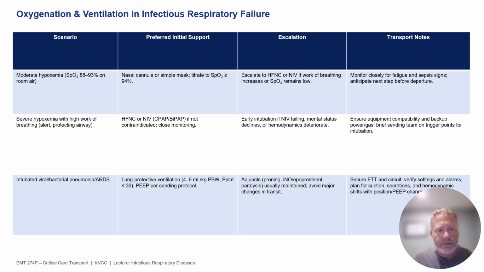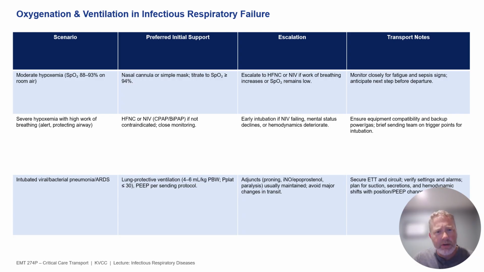Low tidal volume, so 4 to 6 mLs per kilogram of predicted body weight, similar to restrictive diseases like ARDS. Plateau pressures below 30, sufficient PEEP to maintain recruitment, and the lowest FiO2 needed to maintain the target SpO2.